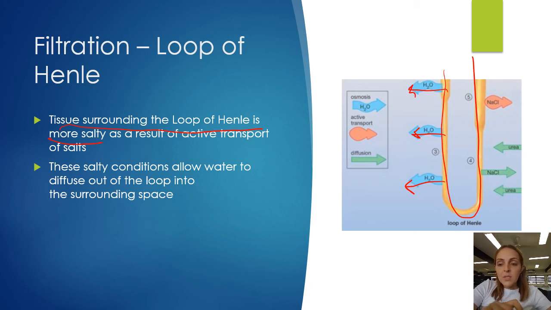At the same time, we still get some more pumping of salt out of the cell, and some will diffuse out of the cell as well into the surrounding space. At the same time, urea that has been filtered is going to be entering the tubule to be removed by the body. Anything that's inside the tubule is going to get peed out.